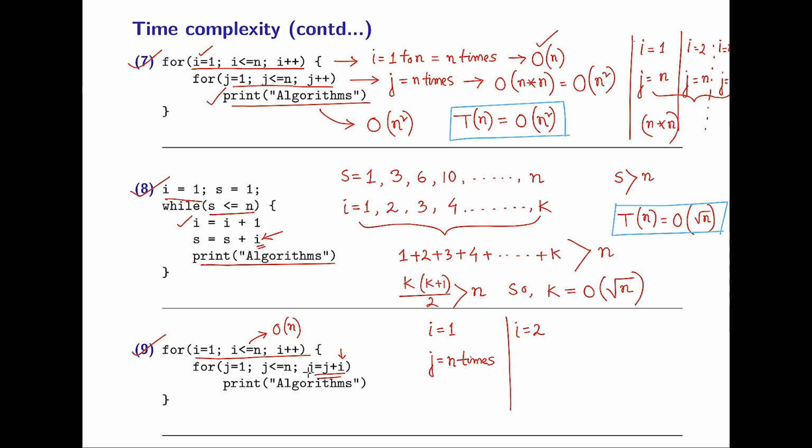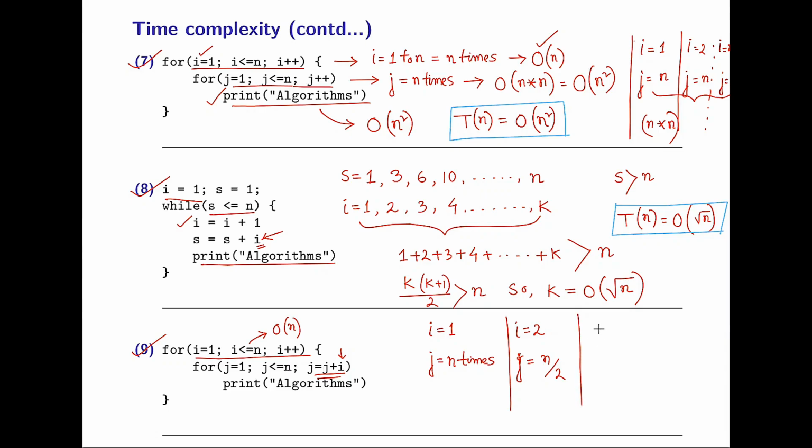Here the increment is j equal to j plus i, so the step is not 1, the step is 2. It is skipping one step, so j will take n by 2 steps, because it takes alternate steps.